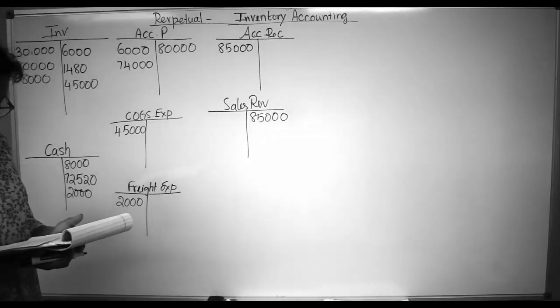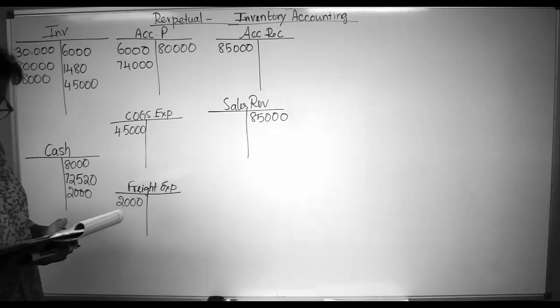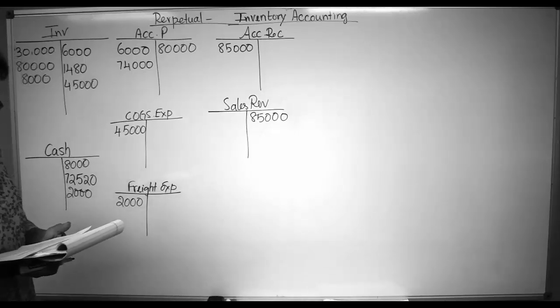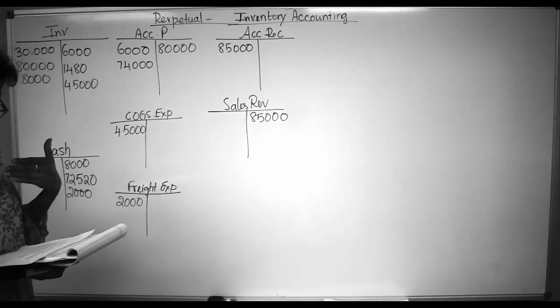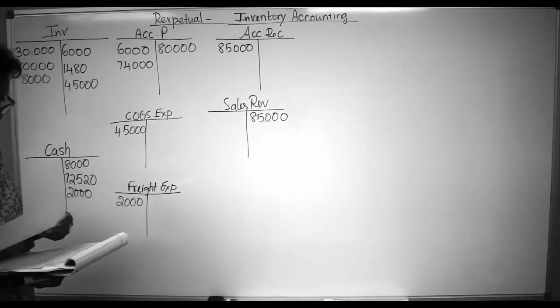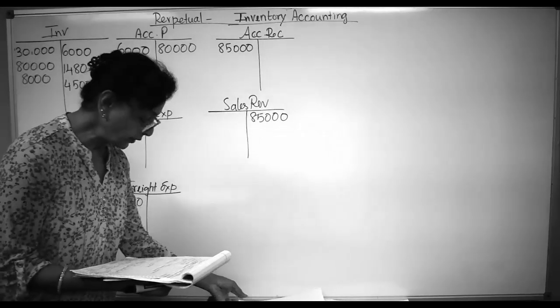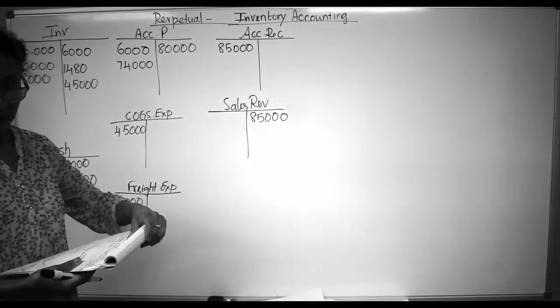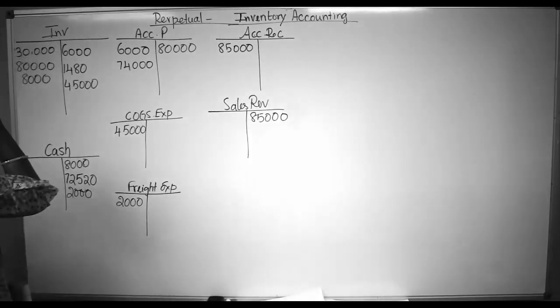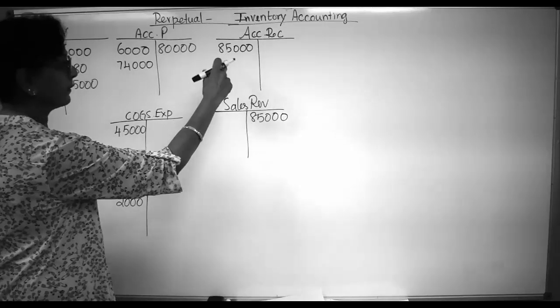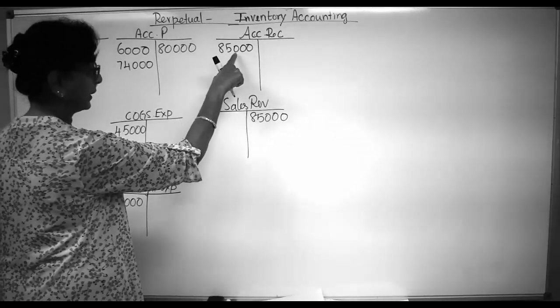On January 20, the customer paid ABC for the January 15th sale. So here the customer is paying within the discount period, so the customer also gets what? 1% discount. So 1% of the accounts receivable is $850.